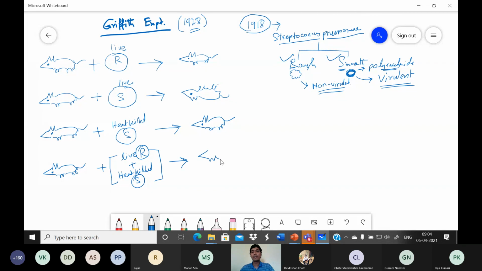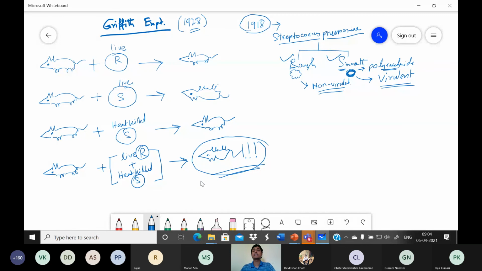This is, I would say, a very, very interesting result for that time. Mouse will die. Because if you understand all these 3 previous experiments, then apparently it seems like the mouse will survive, but the mouse died. He repeatedly did this experiment again and again. Every time the mouse died. Right? Why?